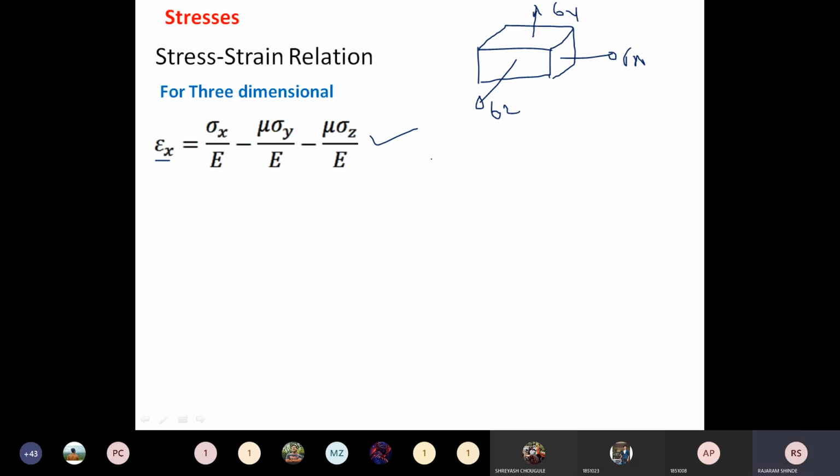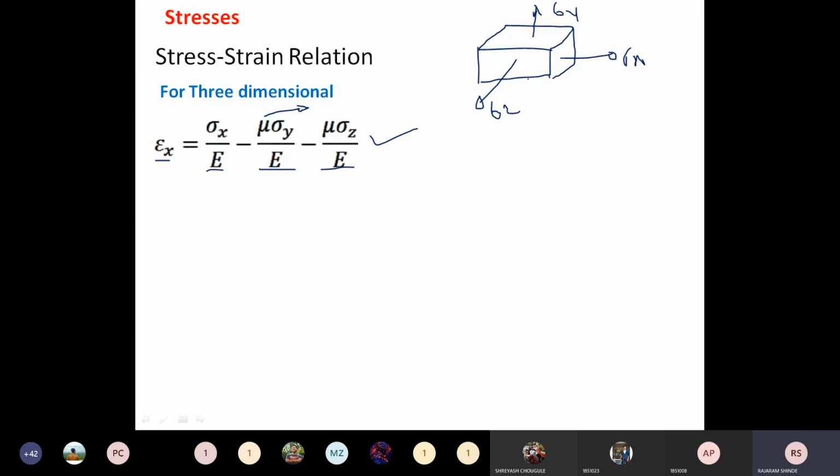Do you know this equation? Yes, sir. I taught this in Strength of Materials. See here, this is a linear strain in x direction, and this is the lateral effect of sigma y and sigma z, that is mu sigma y upon E, mu sigma z upon E. Here mu is the Poisson's ratio.